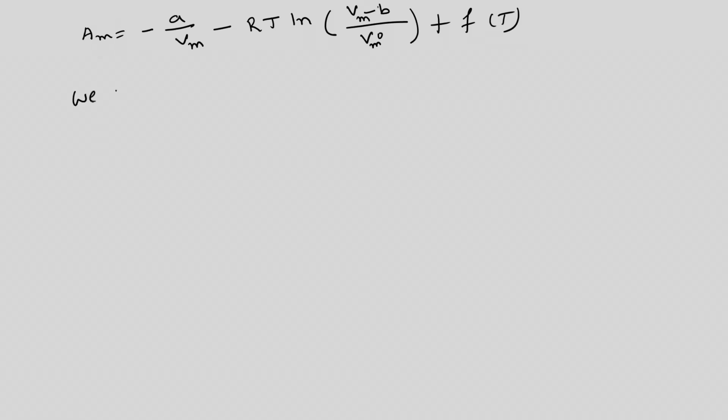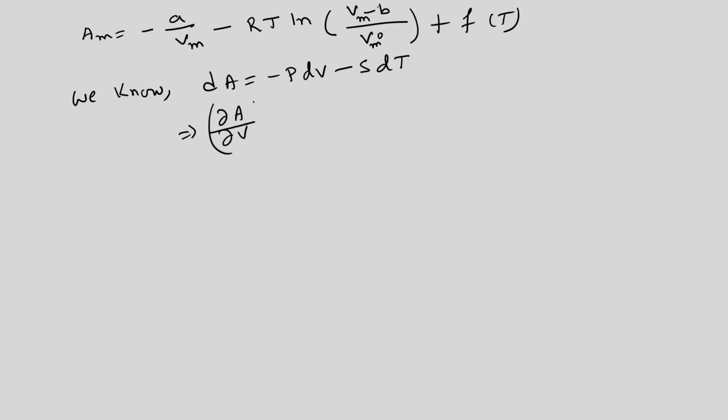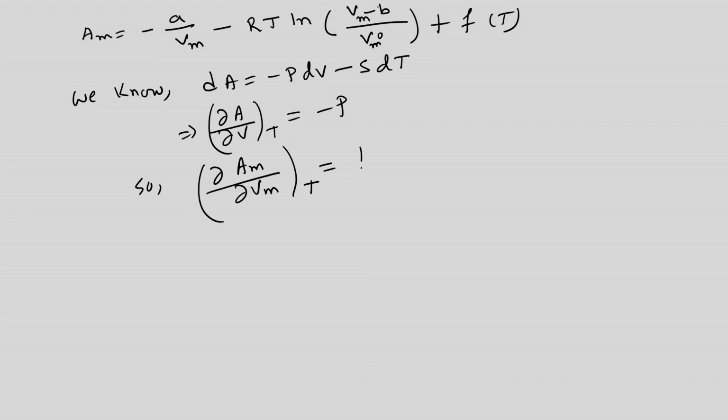We know dA is minus PdV minus SdT. So, del A by del V at constant temperature gives us P. So, we can write del AM by del Vm at constant temperature gives us pressure.